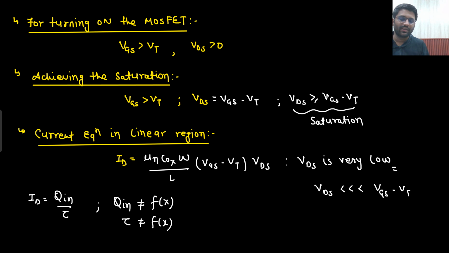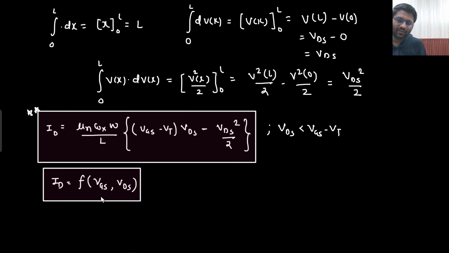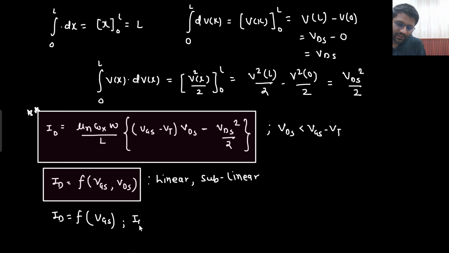So this is the scenario for the linear and sublinear region, right? But in the saturation region, your current is only a function of VGS, or you can say the current is not a function of VDS.